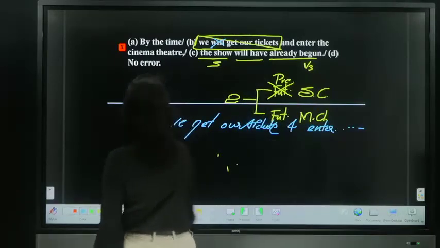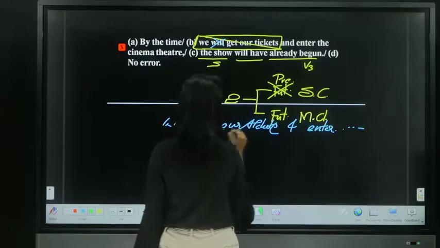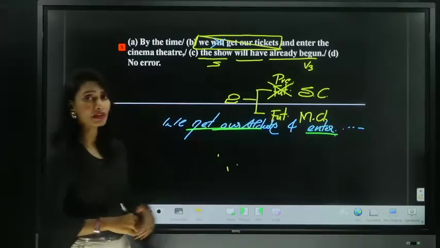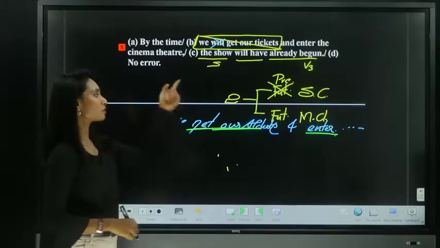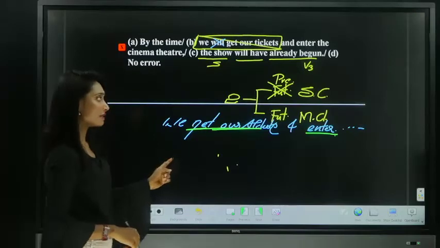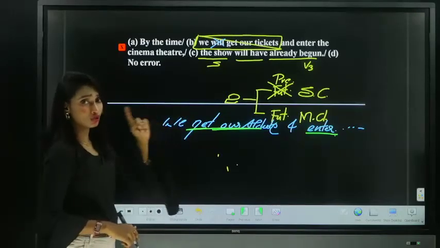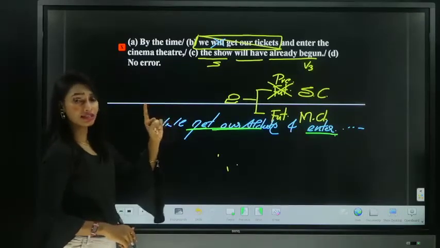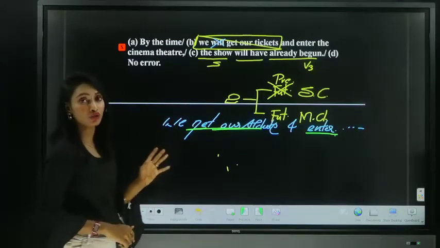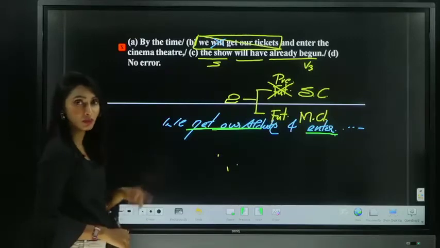Here it is very clearly indicated, get our tickets, enter. So it should be in simple present, not simple future, because both actions should not be in simple future. I hope it is clear. So when two clauses are there, do remember the first clause, that is the main clause, should be in future tense, whereas the subordinate clause must not be in future tense. It should be in simple present tense.